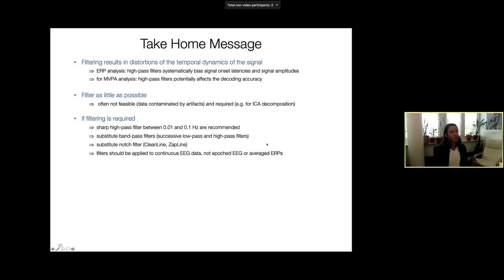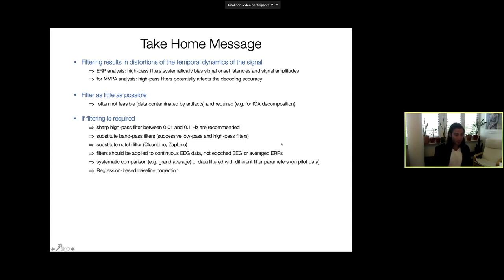And filters should always be applied on continuous EEG data, not on epoched EEG or on averaged data. As I showed you, those effects were always calculated on continuous EEG data. Distortions on epoched EEG data are even much bigger. And systematically compare the data on frequency cutoffs, but always only on pilot data, otherwise it is p-hacking.